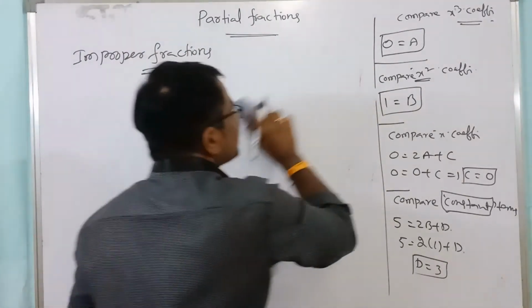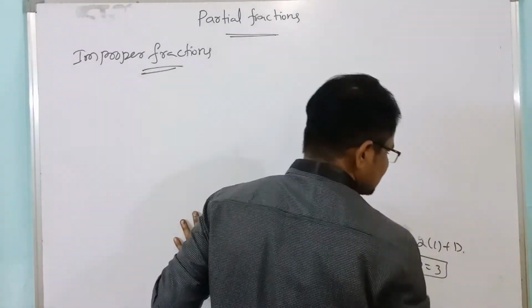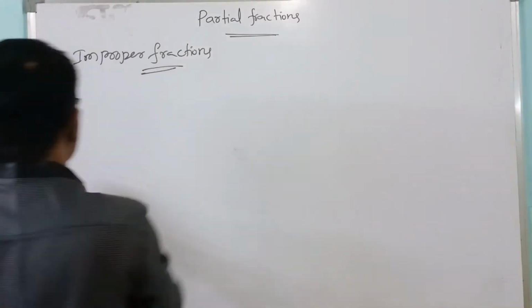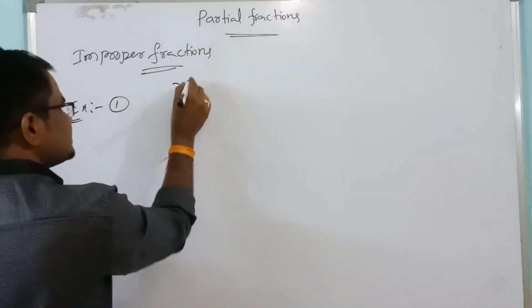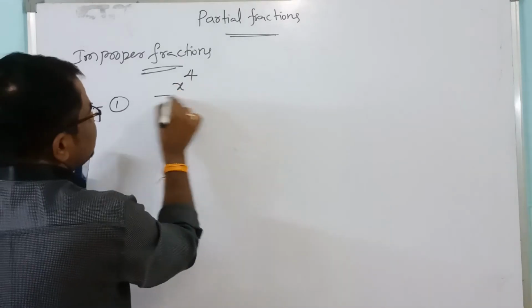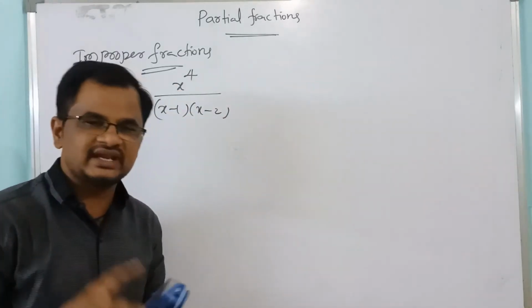So whenever an improper fraction is given, how do we take the partial fractions for that? For example 1, they have given x to the power of 4 by (x minus 1) into (x minus 2). Resolve this into partial fractions.